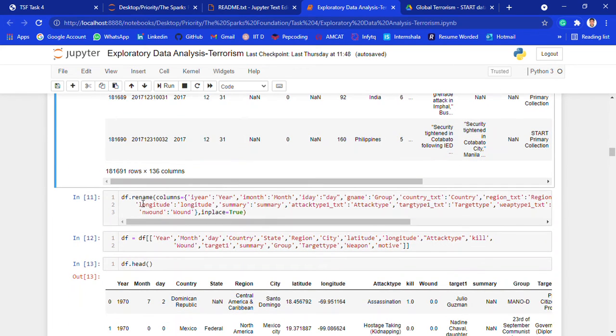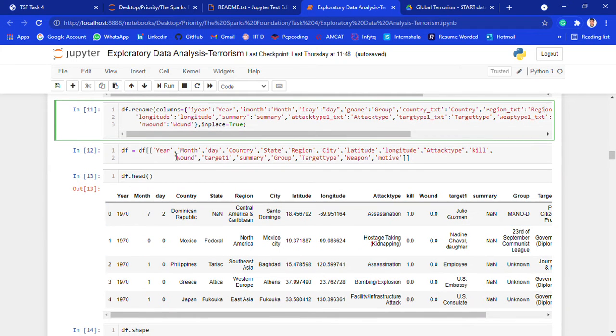So here I have tried to rename things, like iyear with year. What is imonth? I think it's month. So imonth will be replaced by month, iday will be day, gname will be group. gname actually stands for group name, so we are replacing it with group. country_txt stands for country, region_txt stands for region, and all stuff like that, right?